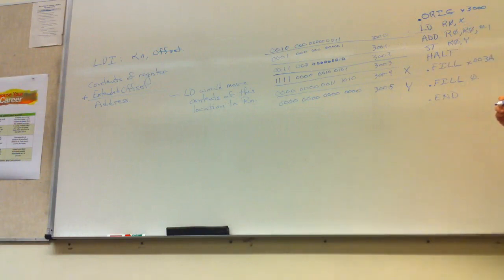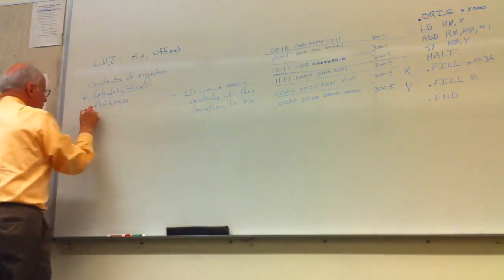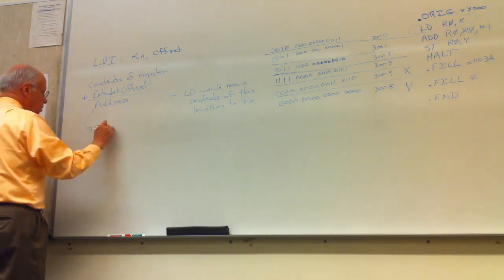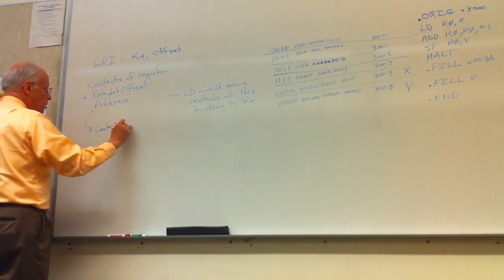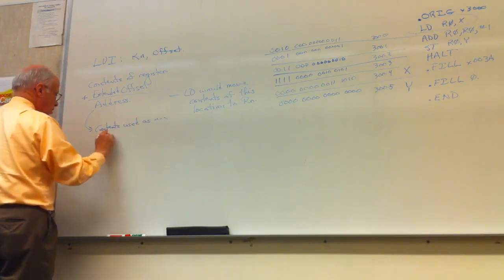That's what we did there. Up to this point, it's identical, doing the same thing. Now, the thing that's different about LDI is it now takes the contents of this location, now used as an address.